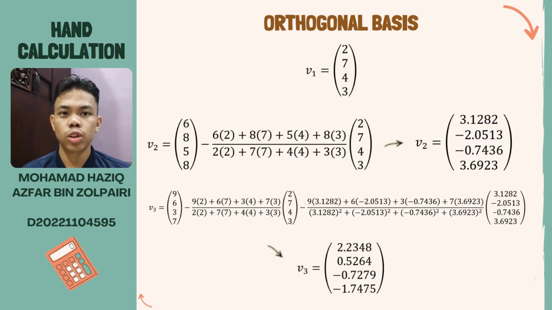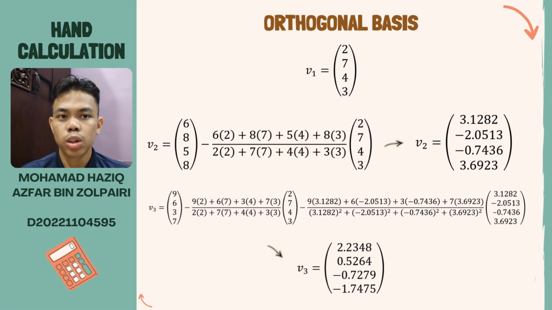Next, we substitute the values of x1, x2, and x3 into the Gram-Schmidt formulas to find the orthogonal vectors v1, v2, and v3. We will round each value to 4 decimal places to keep the results consistent and precise.